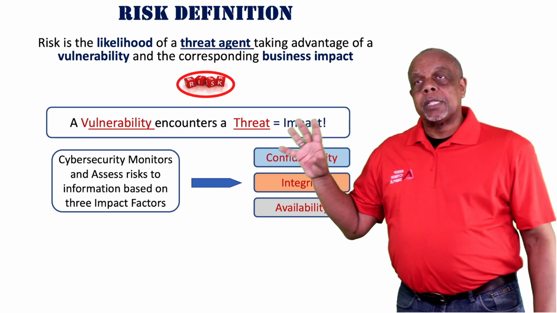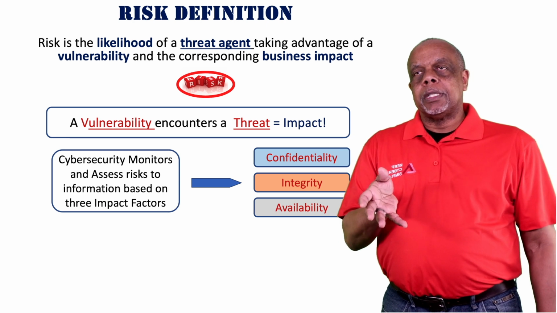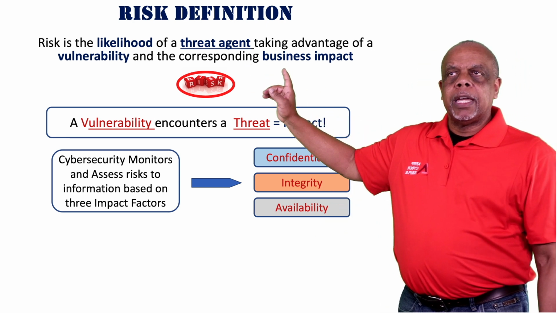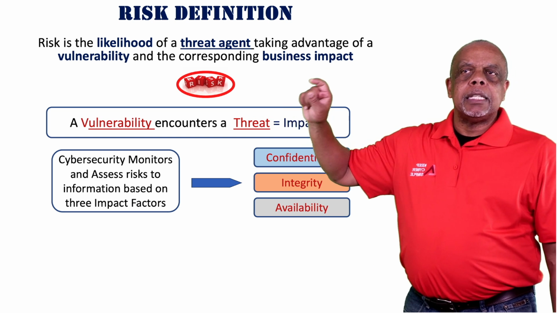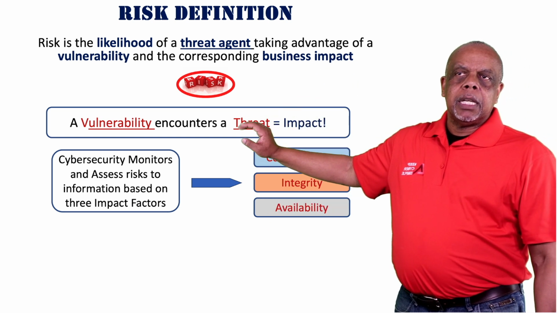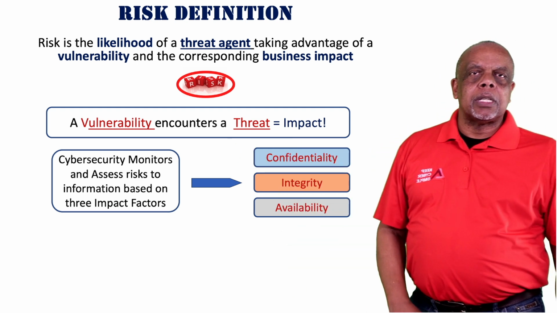So again, just a quick overview of risk. You're probably going to see risk every week. Okay? I'm just letting you know, because everything we do is rooted and grounded in risk. Risk, what is it? The likelihood of a threat agent taking advantage of a vulnerability, and the corresponding business impacts. A vulnerability encounters a threat. Yes, there's impact. What do we do as cybersecurity?